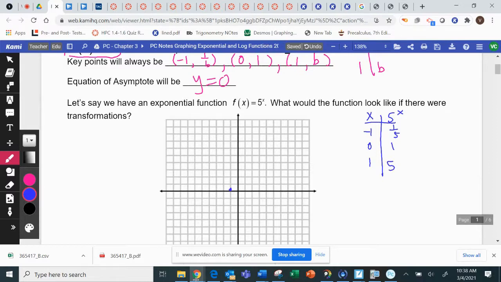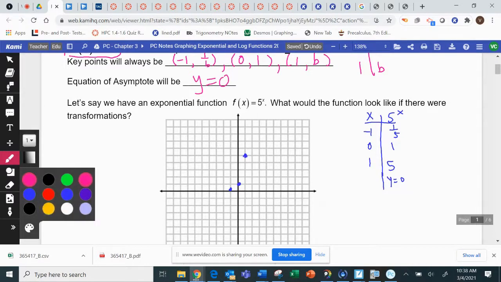So -1, 1/5 is approximately there. 0, 1, and 1, 5. There is an asymptote at y equals 0, and I'm going to put that in the table under the y side. Let me graph it a different color, though, because it's not really part of the graph.